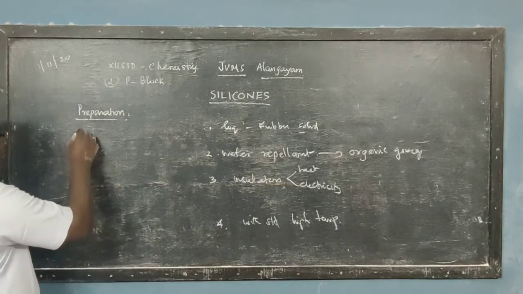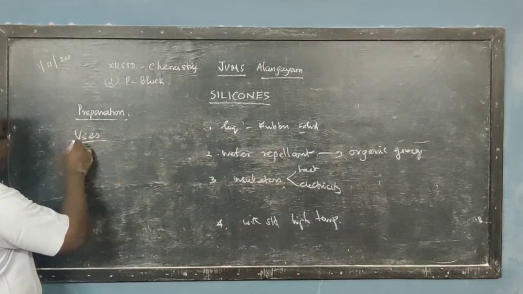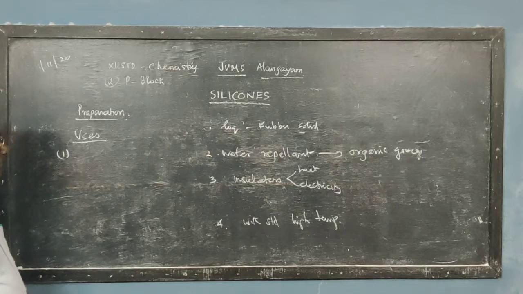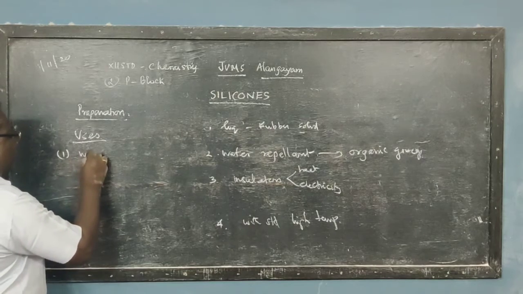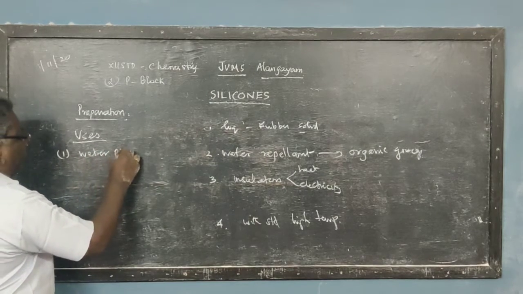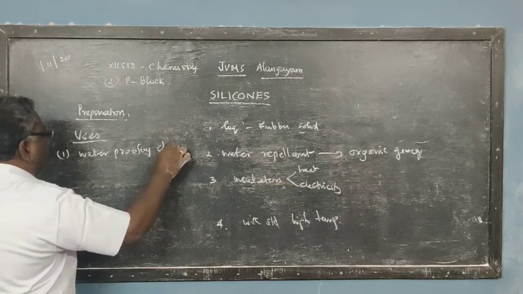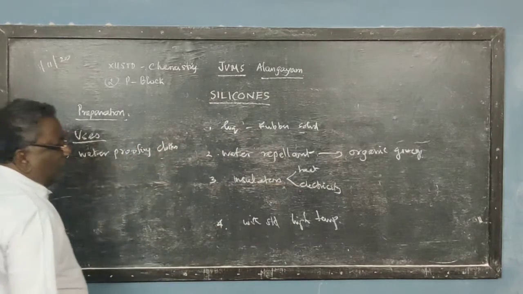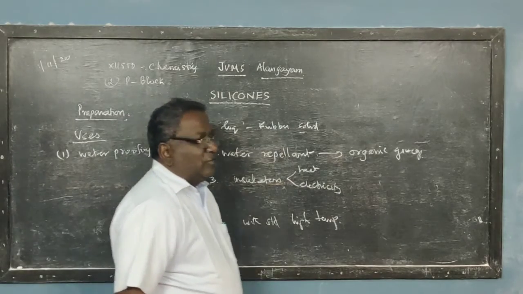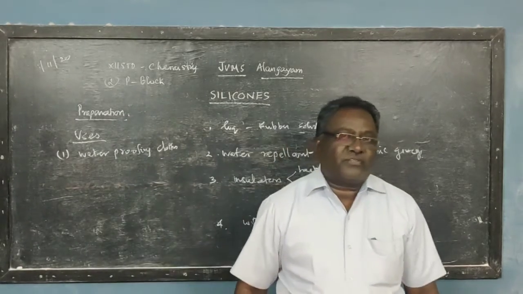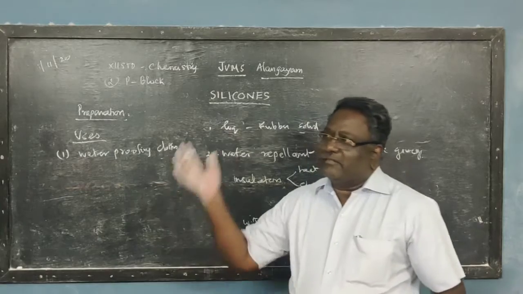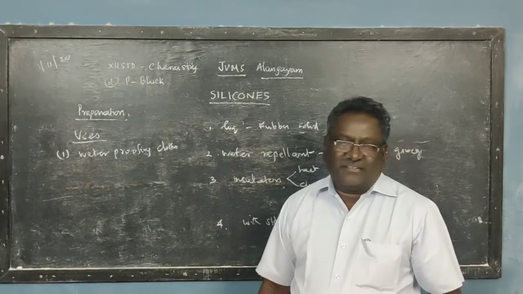And silicones have a number of uses. The first use is that it is used to prepare waterproof clothes. Where do we use waterproof clothes? Raincoats, tarpaulin in the lorries.